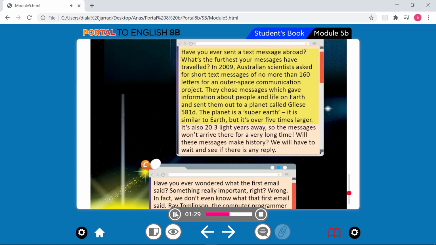The planet is a super-Earth. It is similar to Earth, but it's over 5 times larger. It's also 20.3 light years away, so the messages won't arrive there for a very long time. Will these messages make history? We will have to wait and see if there is any reply.